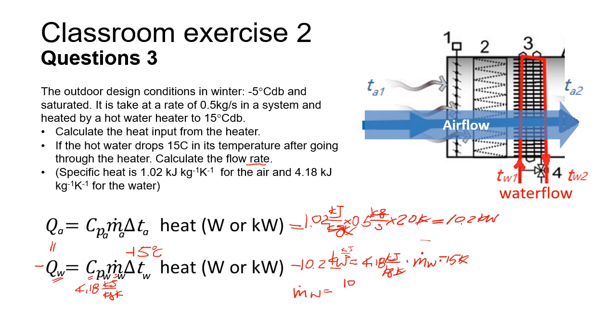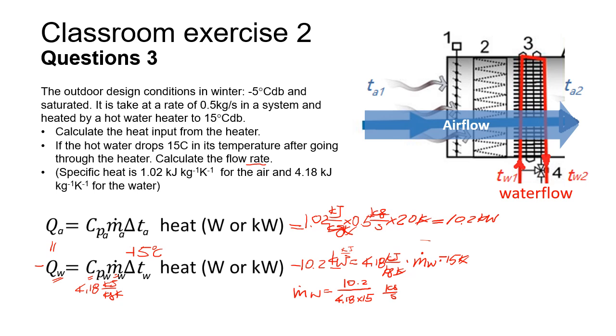So you have 10.2 divided by 4.18 multiplied by 15. The unit will be kilogram per second. Okay, you work it out. 10.2 divided by 4.18 divided again by 15. That will be the water flow rate.